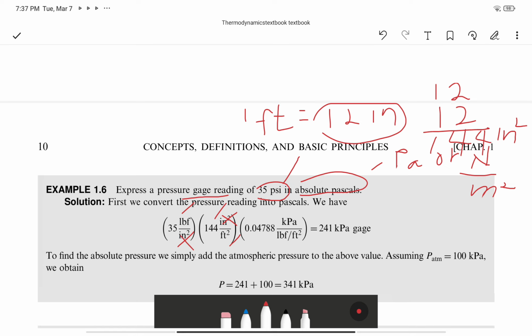So there you have this direct conversion, no? 1 pound force per foot square is equal to 0.04788 kilopascal.